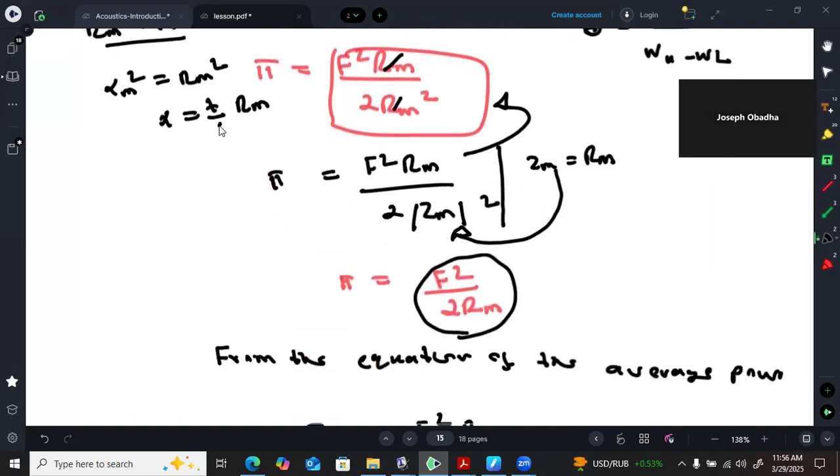That is to say, omega m minus S over omega is equal to plus or minus Rm.